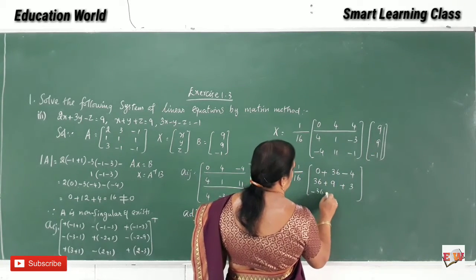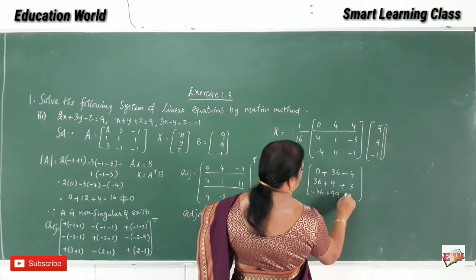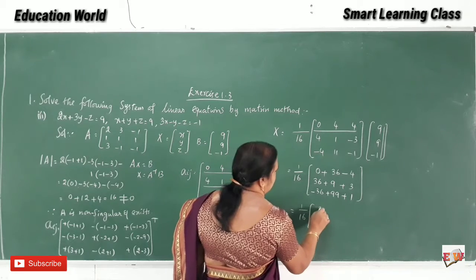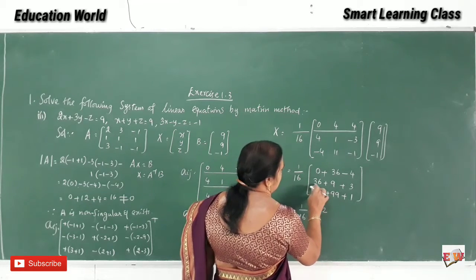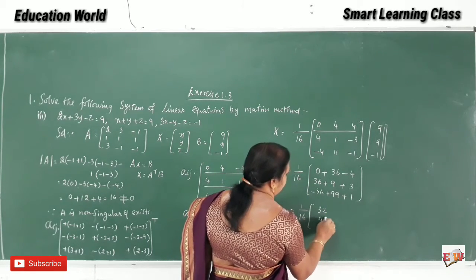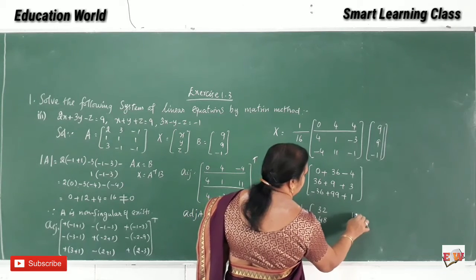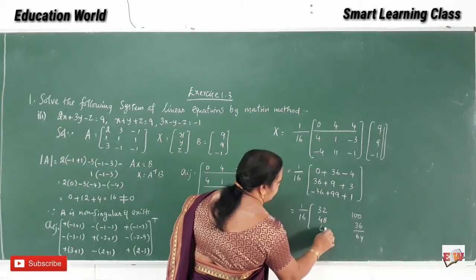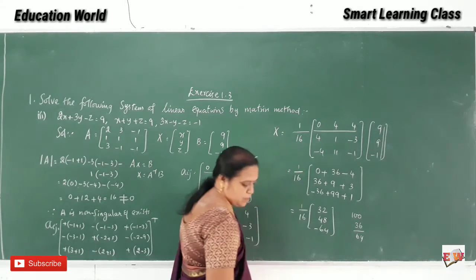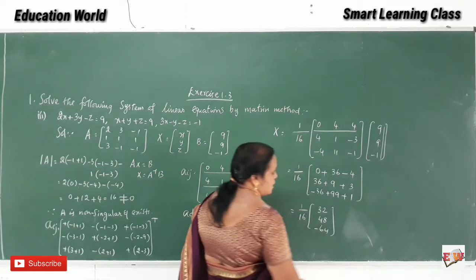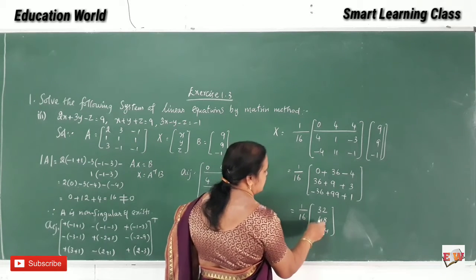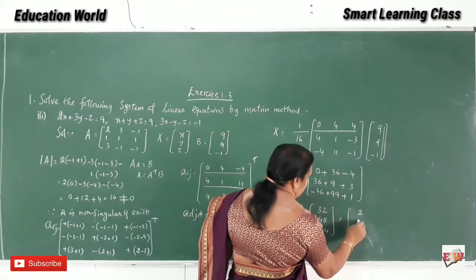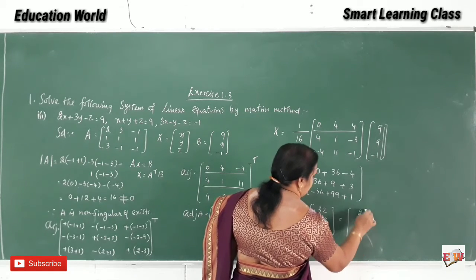Minus 36 plus 99 plus 1. 1 by 16, 32, 48, 100 minus 36, 64. Suppose we multiply this 1 by 16 inside the bracket, we get 2, 3, minus 4.